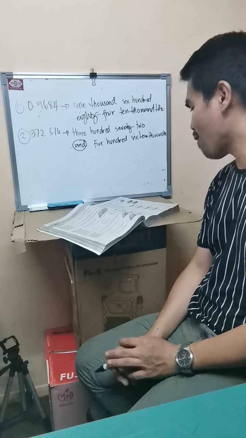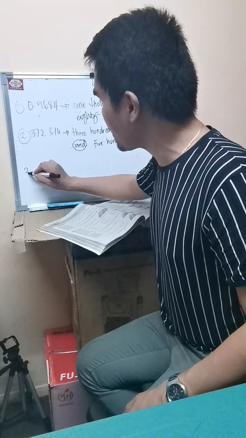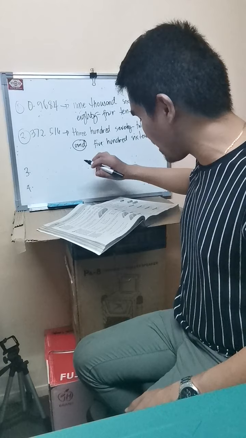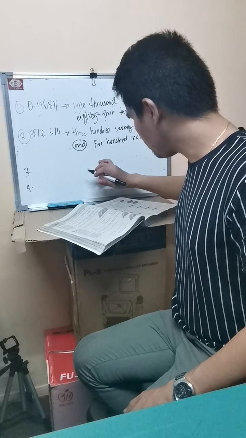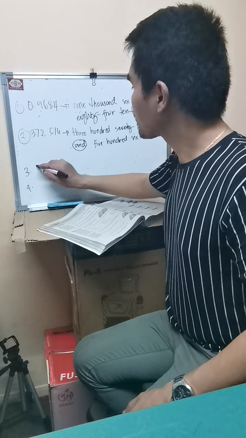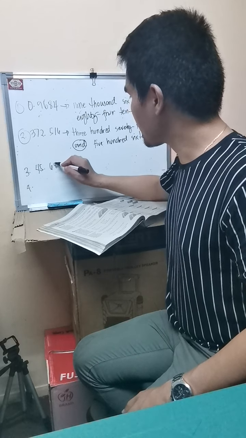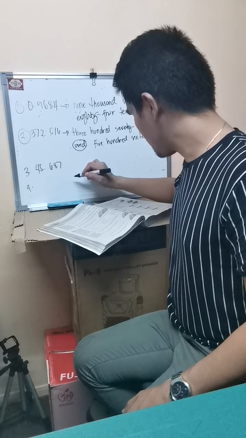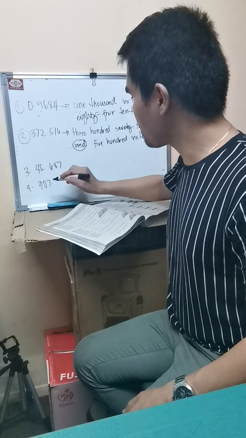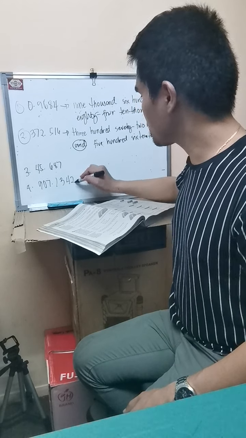into word form. So very quick, I'll give you also two examples, and then I would like you to identify some places of value. Let's say 45.687, and then number 2 is 907.1342.